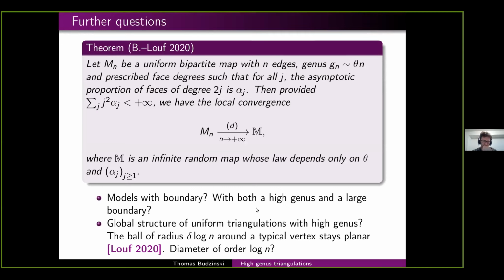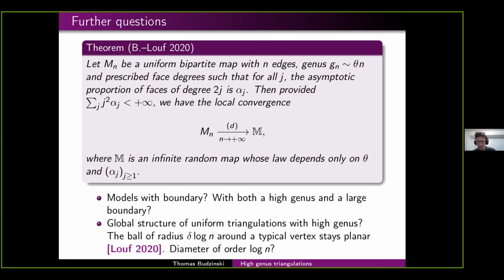Yeah, so I think there are actually two different questions. There is what happens when the boundary is also proportional to the size, and what happens if the boundary is large but still small compared to the size. I'm thinking the second case for the moment.